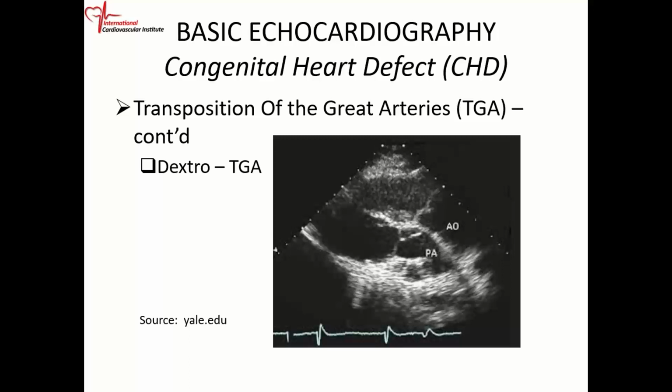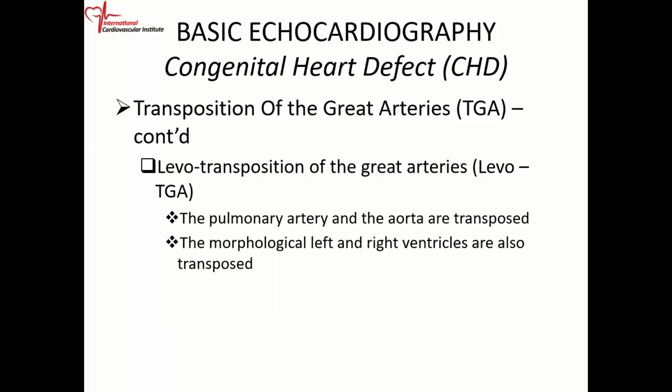When we talk about L-transposition, this is much easier. How I think about it: with D-transposition, it is the vessels that are transposed. With L-transposition, just think in terms of the vessels being in the correct position, but the ventricles are transposed. What do we mean by that?